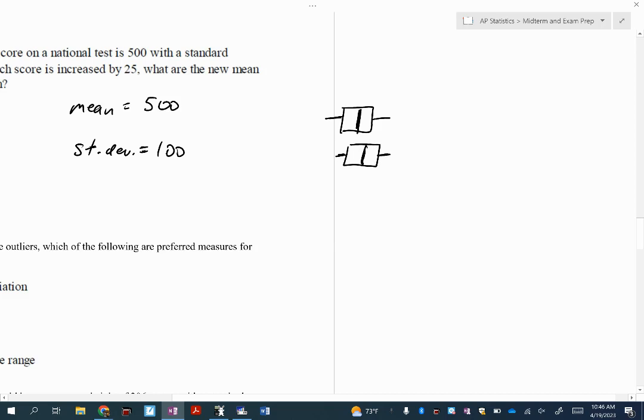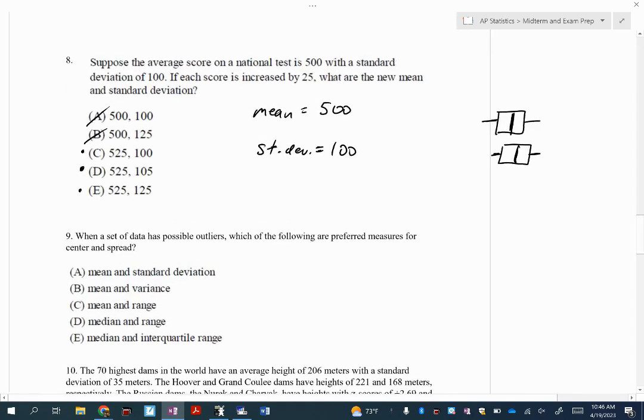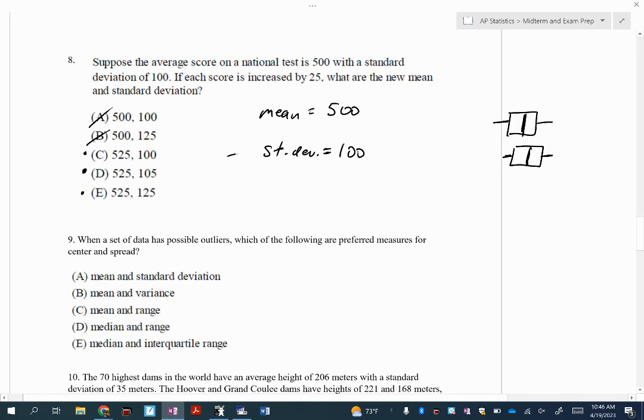In theory, does this change the spread at all? No, it doesn't, right? The numbers have shifted to the right, but your highest minus your lowest is still going to be the same distance. All right, so what I'm trying to get you to understand for the AP exam is that measures of spread, like standard deviation, will not change if you just add or subtract a constant. So it actually is going to be C. It'll still be 100 for the standard deviation.